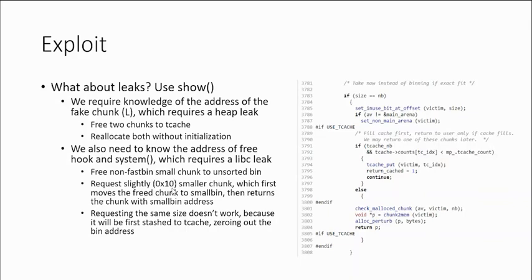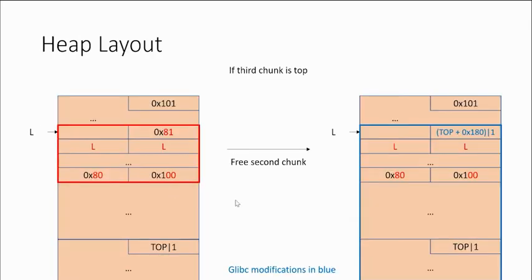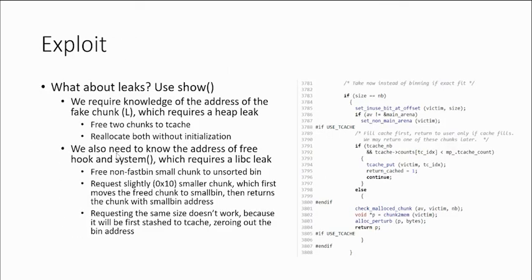So it will just get the entire chunk, even though we request something that's actually less than the size of that first chunk. And this makes sure that the heap is aligned properly, but more importantly, it won't go to Tcache first. So the small bin address will still be located in the corresponding field of that free chunk. And this allows us to get a libc leak, because the small bin is in the main arena of libc.